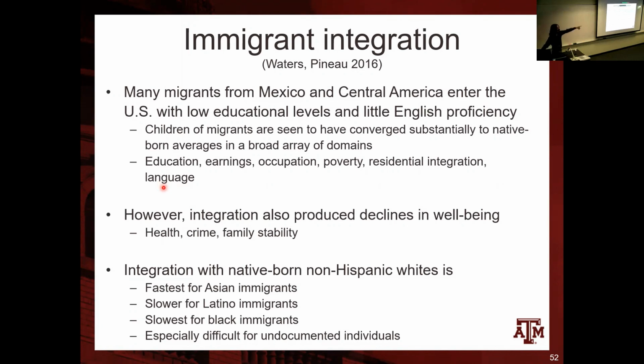But I mentioned to you before as well, even since the class about mortality, integration also produces declines in well-being. American fast food style of life declines health indicators. People start to integrate more into the society, and they involve themselves more in criminal activities.